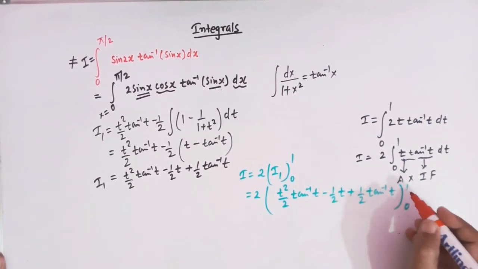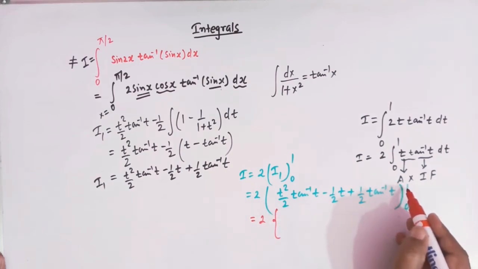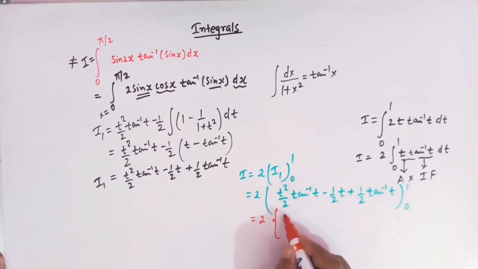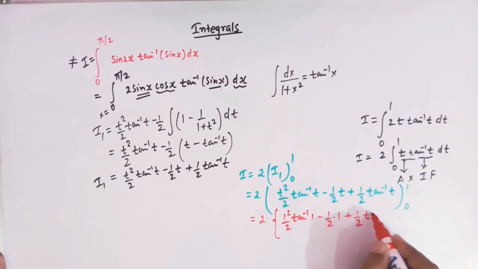Now let us simply substitute the limits. When we take 1 here, we have 1 square over 2 tan inverse 1 minus half of 1 plus half of tan inverse 1, right?